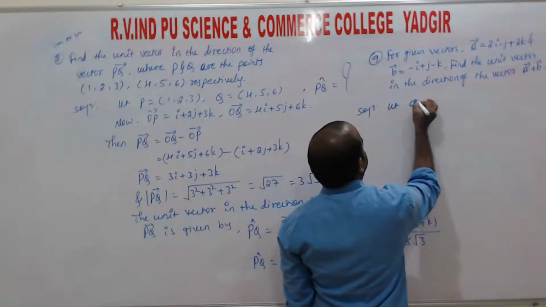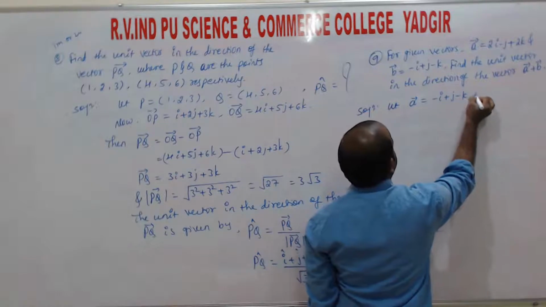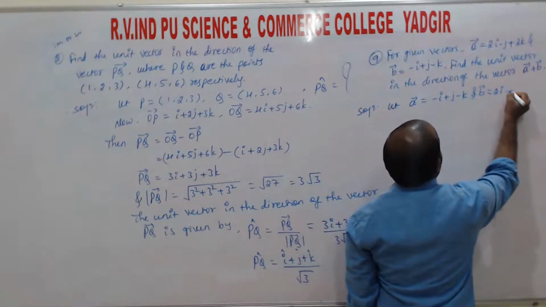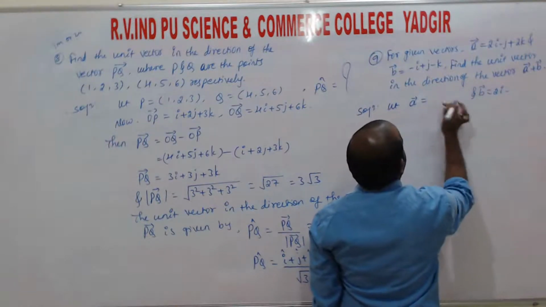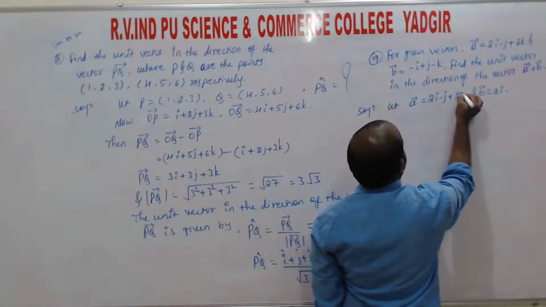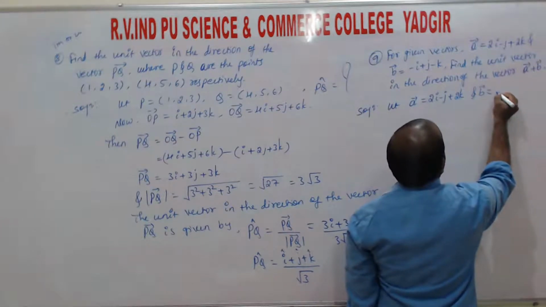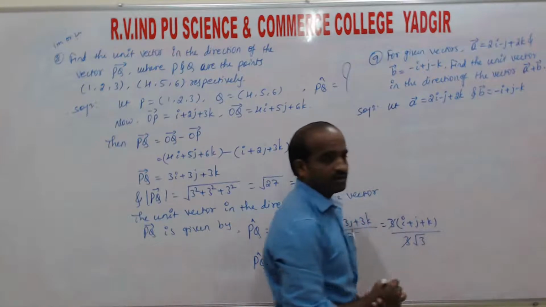First, we have to find A plus B. Write the given vectors. A vector is 2i minus j plus 2k. Now B vector is minus i plus j minus k.